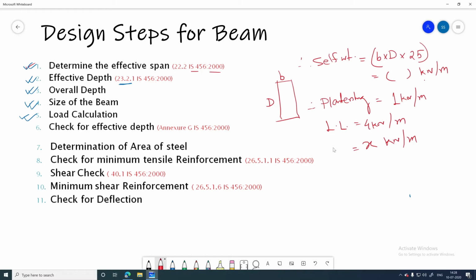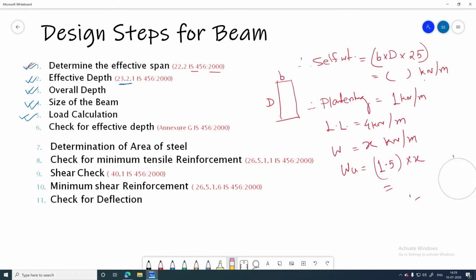Now we need to convert this load into the ultimate or factored load, that is Wu, which is 1.5 into x. That is the ultimate load that we need to determine in the load calculation. When we solve the problem we will see this. So this is for the load calculations.